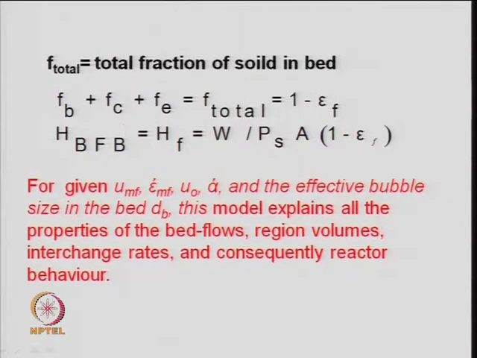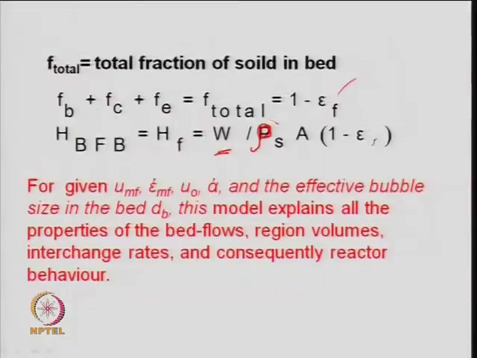This is the solid fraction, because epsilon f is the void fraction in the fluidized bed. The same thing in terms of the height of a bubbling fluidized bed is written in terms of mass of the catalyst divided by density of the solid, times A times 1 minus epsilon. So, a simple mass balance basically. You have done this, how to calculate the height of a bubbling fluidized bed, which relates to the mass of the catalyst in the bed divided by the density of the solid.